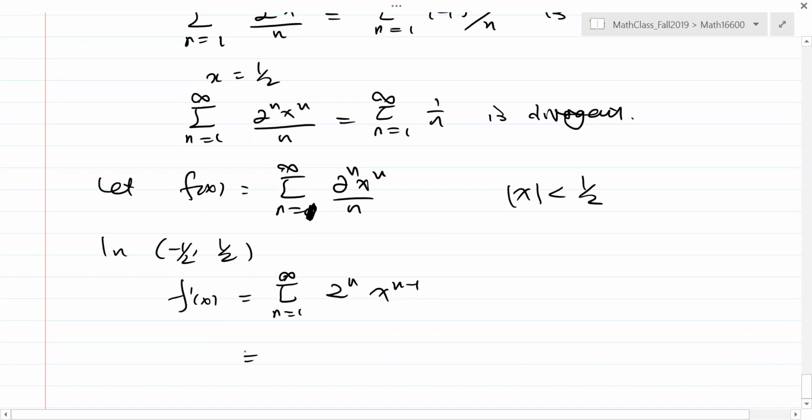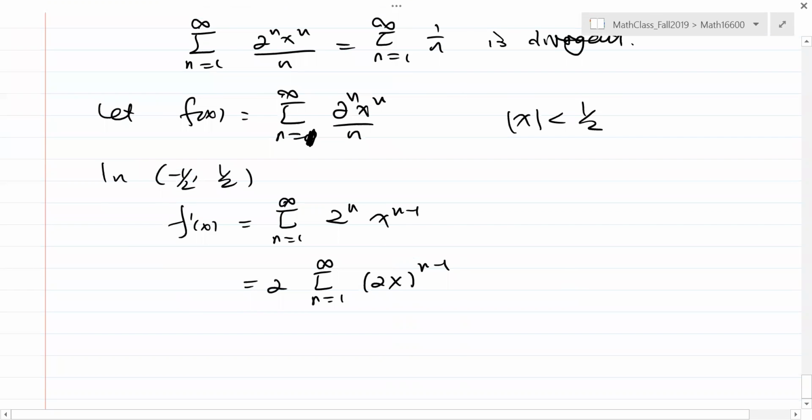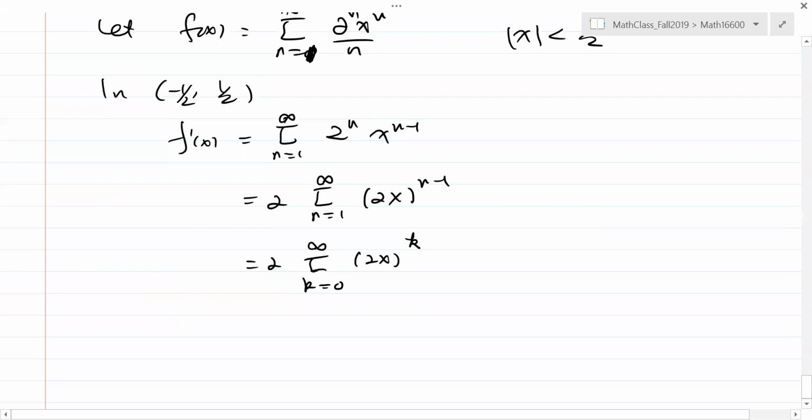So you can take 2 out. Since n starts from 1, n minus 1 starts from 0. So this is a sum with k starting from 0 of x to the power k. And we already know that this is going to be 1 over 1 minus 2x, for x less than 1/2.